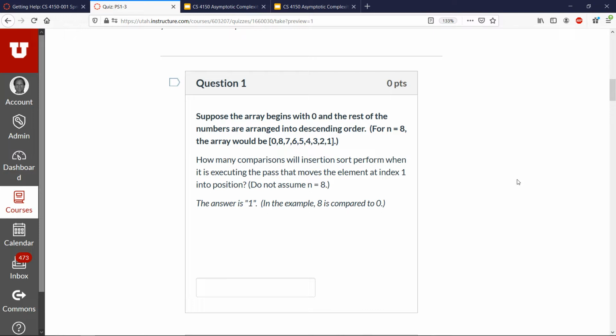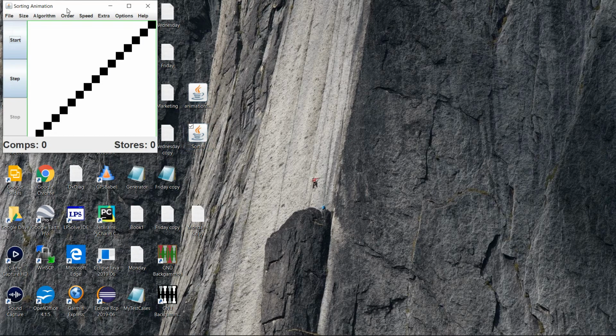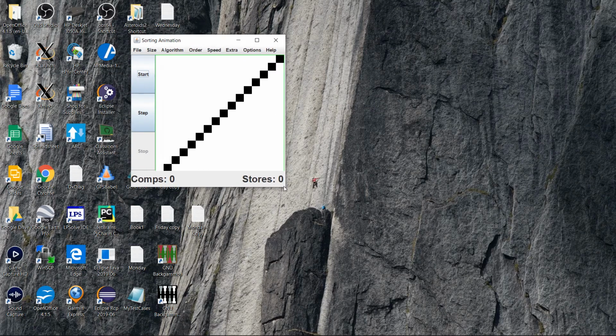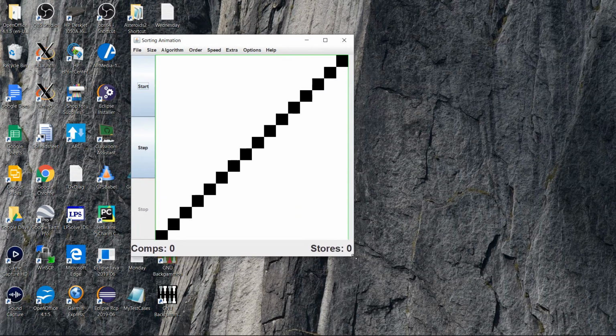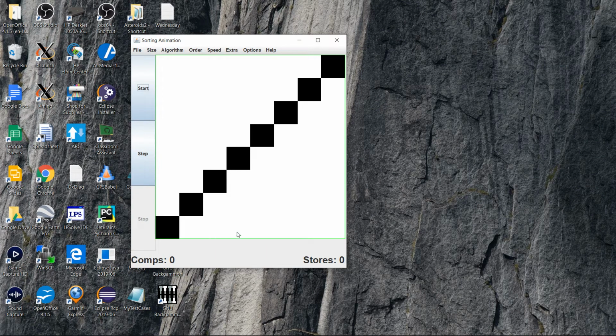So the first thing to understand, you have to know, is how insertion sort works. So let's make sure we all understand that. So we here have our array. I'm going to cut the size down to 8, although this 8's different than that 8.